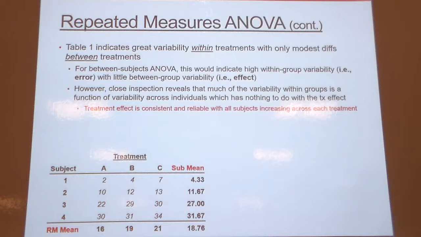So person 1 has scores in treatment A, B, and C, person 2, A, B, and C, person 3, A, B, and C.